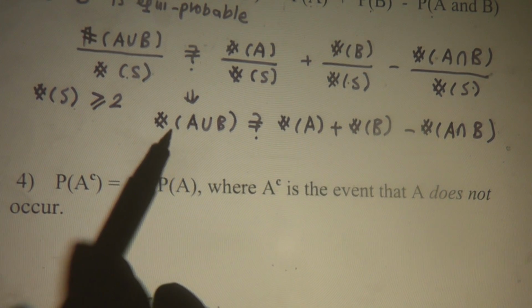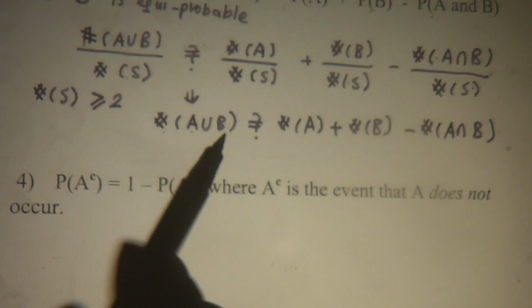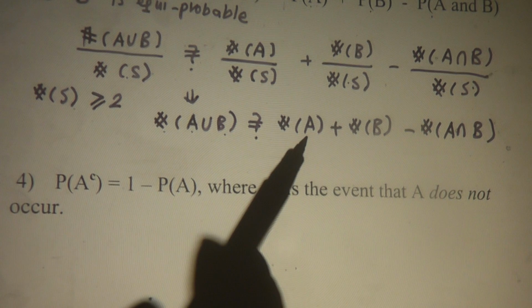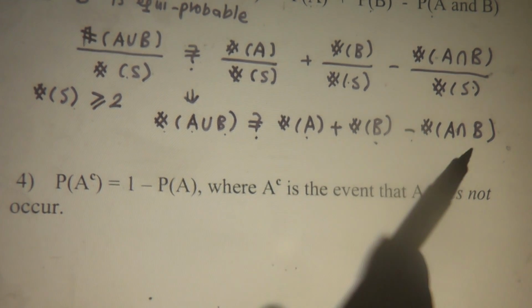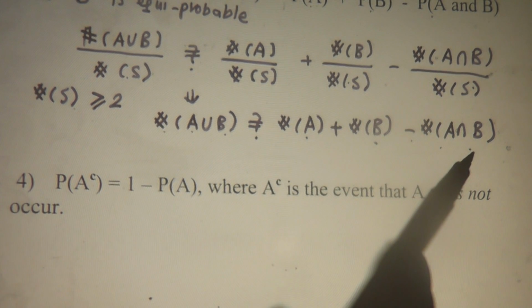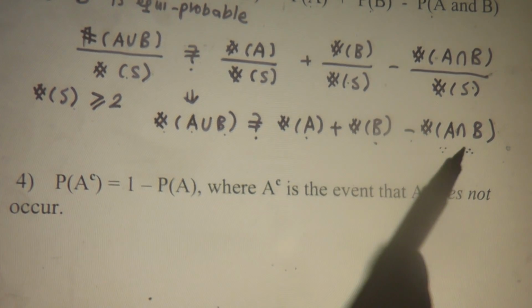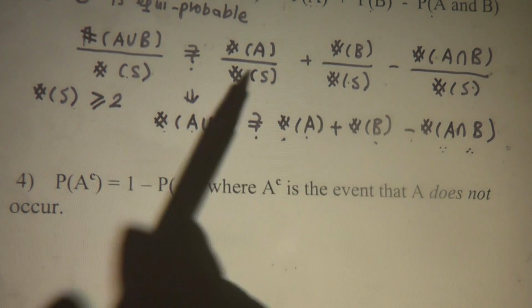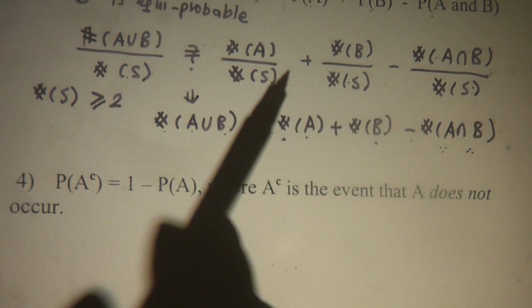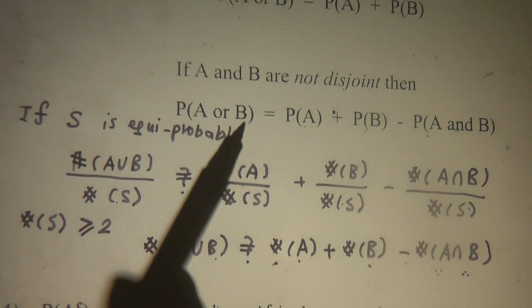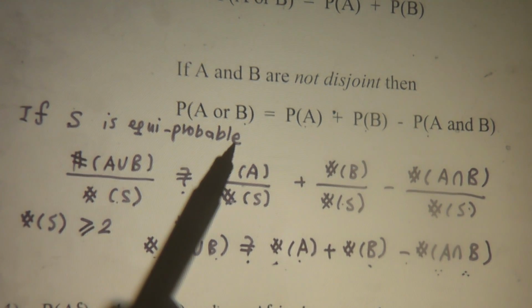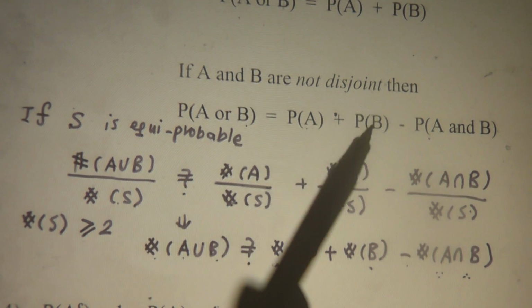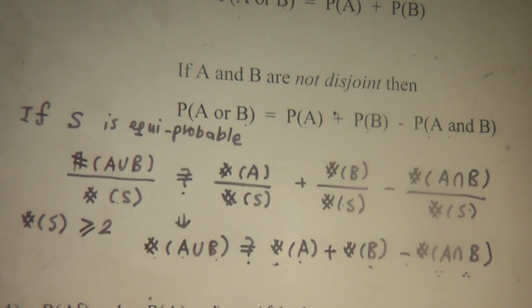In general, number of outcomes in A or B is equal to number of outcomes in A plus number of outcomes in B, subtract the one that repeats. And the one that repeats turns out to be the common outcomes. So this is true, means this is true. So if we assume the sample space is equiprobable, we can understand this identity in a very intuitive way.